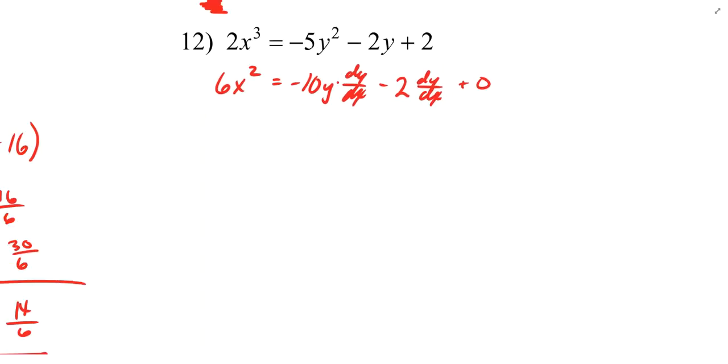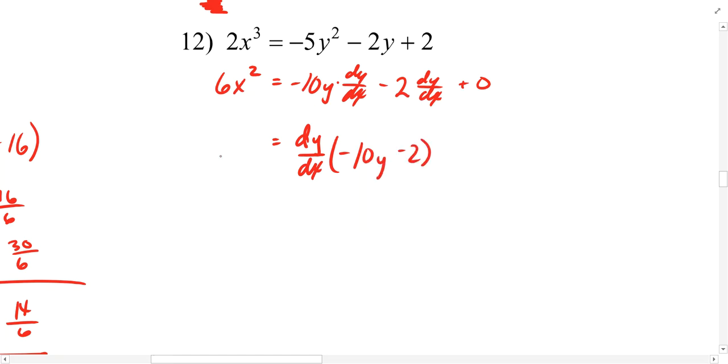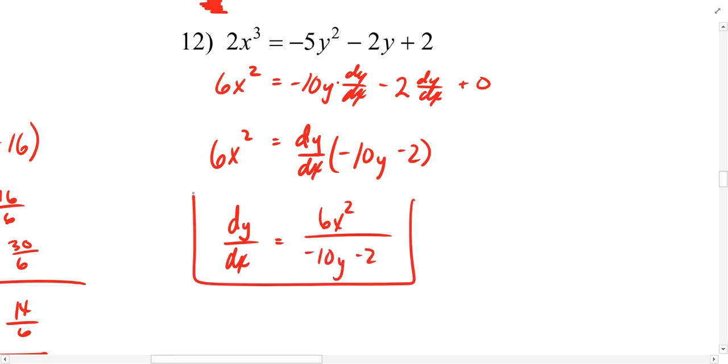That becomes 0. You've seen this trick already, that when there are multiple differentials available, we'll treat that like a common variable, dy/dx, and factor out a negative 10y and a negative 2. And all of that is still equal to 6x squared. Now when we isolate dy/dx, we'll have 6x squared divided by negative 10y minus 2.